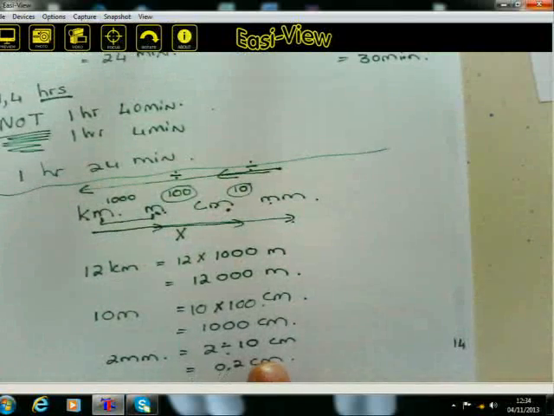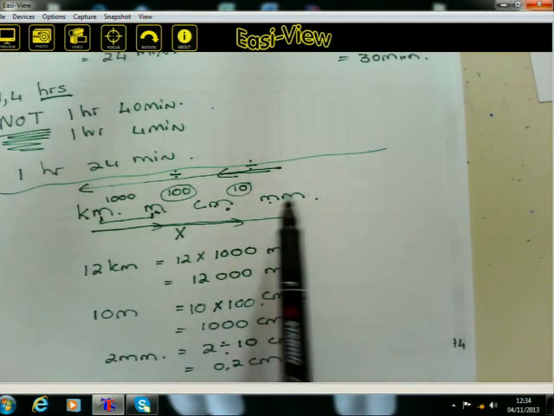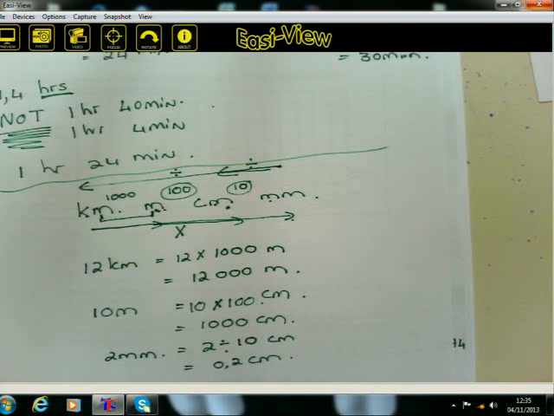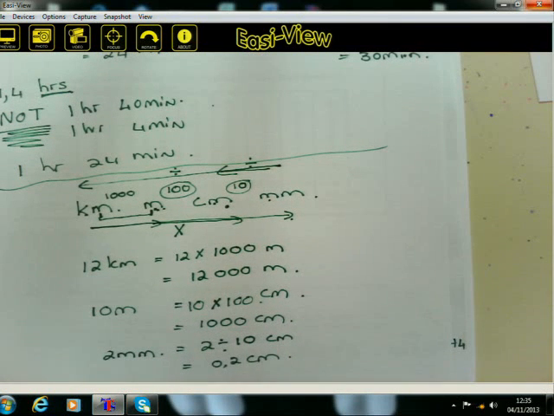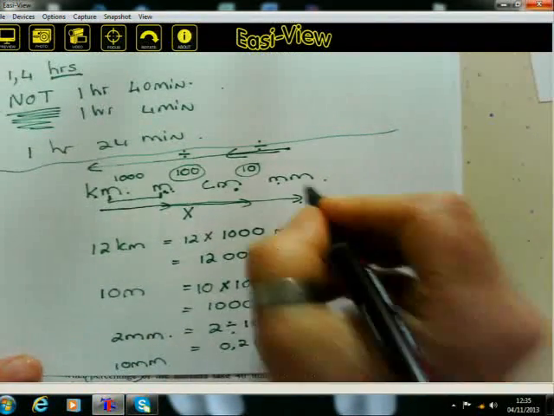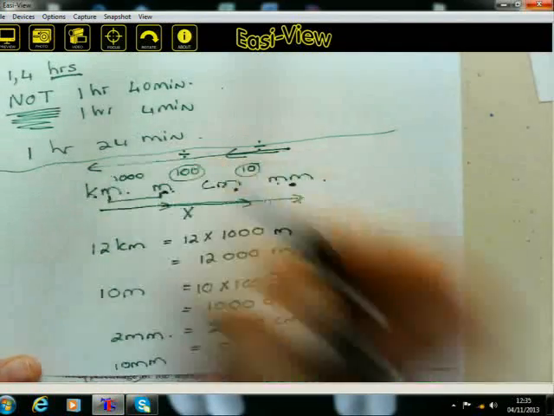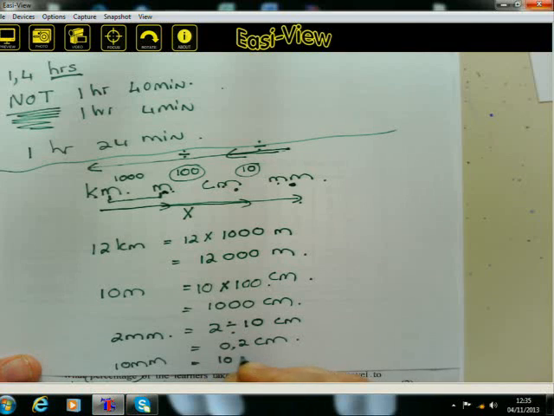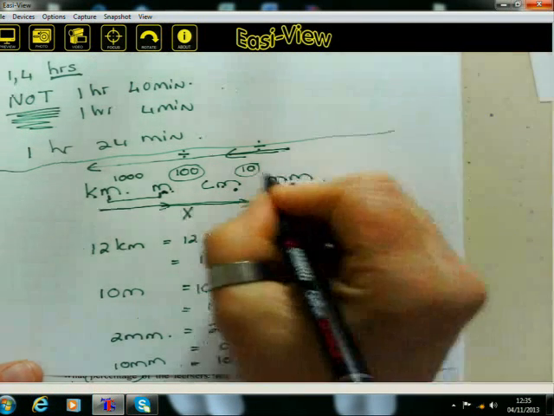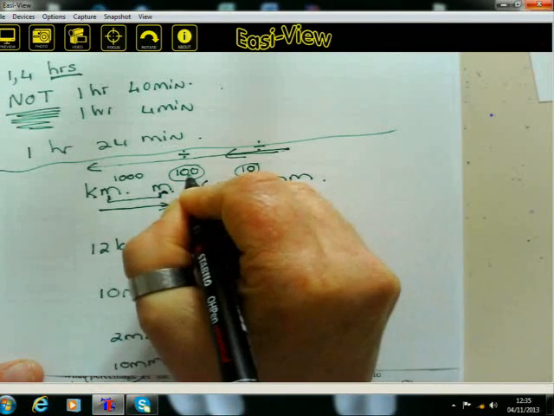Say for instance, I want to go from millimeter to meter. Now you must please be careful. If I want to go from millimeter to meter, I'm going to go through 2 separate steps. If I have, say for instance, 10 millimeter, first of all, I'm on millimeter, I want to go to meter. I am going to divide. The question is now by how much? From milli to centi it's by 10. From centi to meter it's by 100.